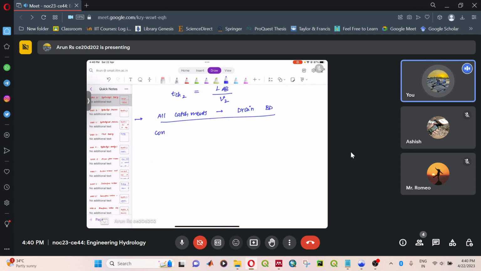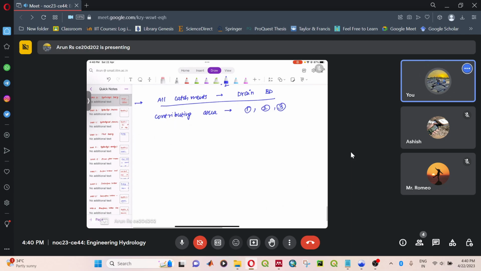So contributing area for this drain is all the three are contributing.